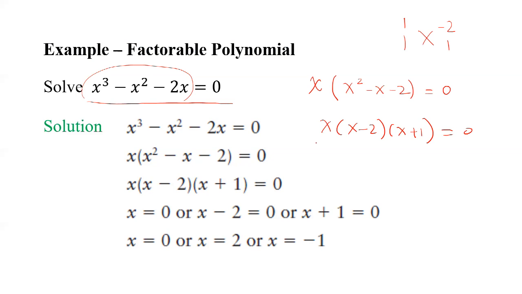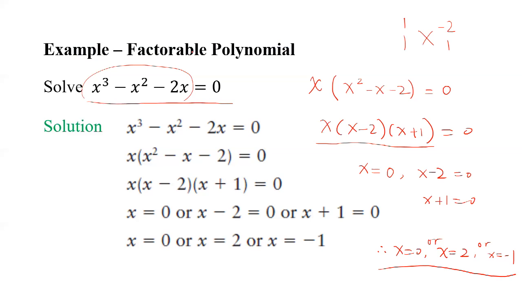And now we have a product of three terms being 0. That means the solution is x = 0, or x - 2 = 0, or x + 1 = 0. So the final solution is x = 0, or x = 2, or x = -1, right?